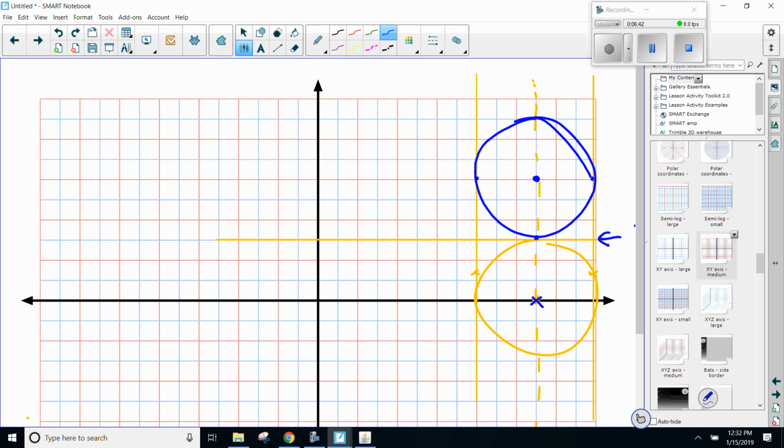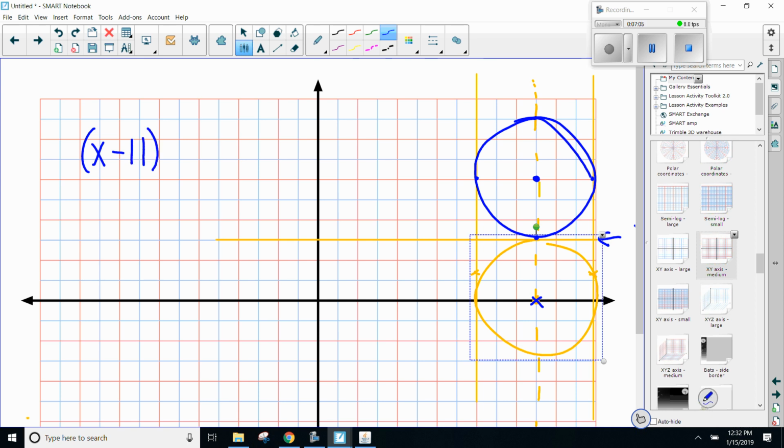Is it tangent to x equals 14? Yes. Is it tangent to x equals 8? Yes. Is it tangent to y equals 3? Yes. So now I need to write the equation for my circle. x minus, what is that x value? 2, 4, 6, 8, 10, 11.